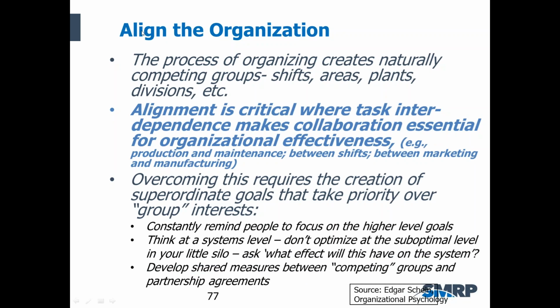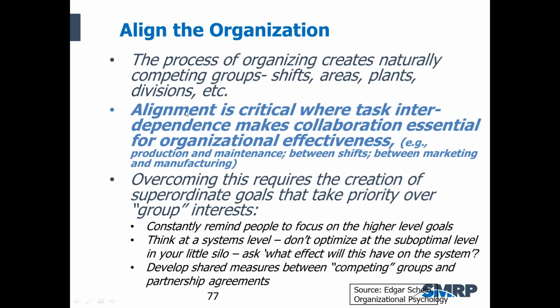So why do we need to align the organization? Well, there's some studies been done. Edgar Schein wrote a book called Organizational Psychology, a really totally boring book. But the point he tries to make is that people are naturally competitive. It's innate in our behavior.